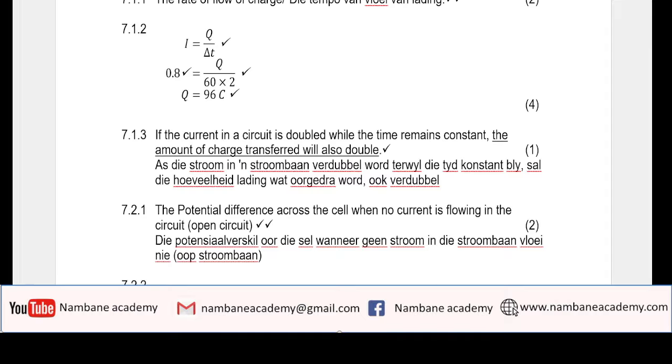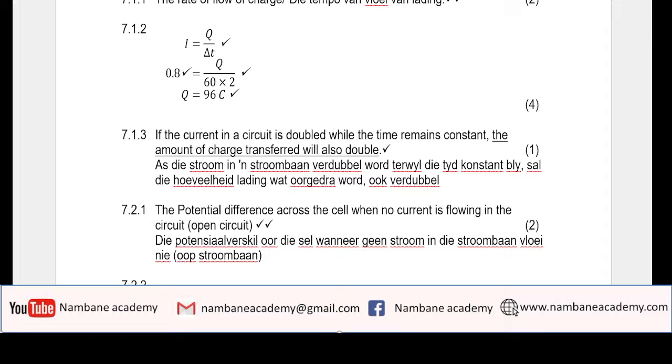7.1.2, calculate the total charge that passes through the lamp in 2 minutes. I equals Q over change in time. Make sure that the learner did the conversion of 2 minutes into seconds. So 1 minute has 60 seconds, so 60 times 2 gives you 120 seconds.